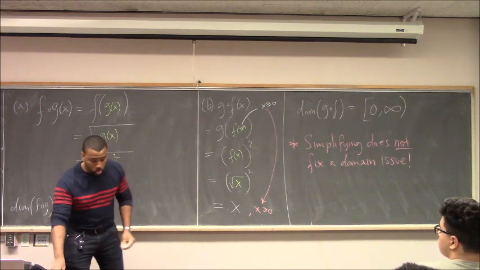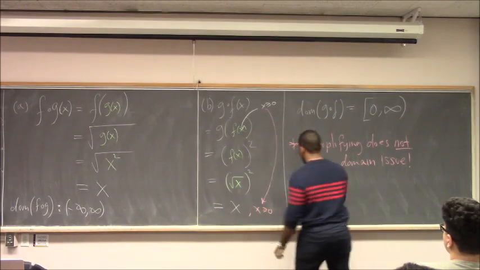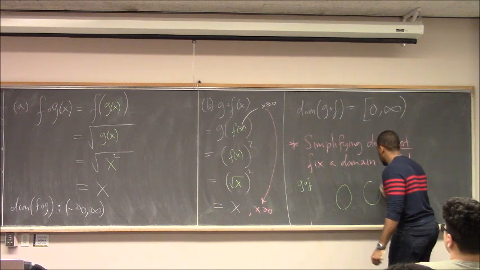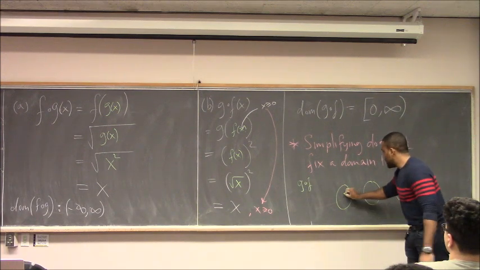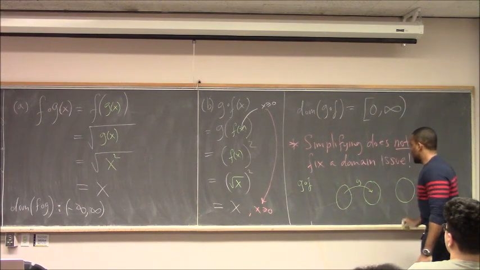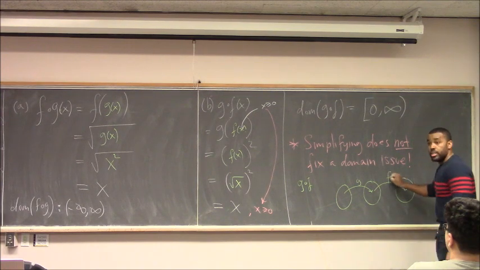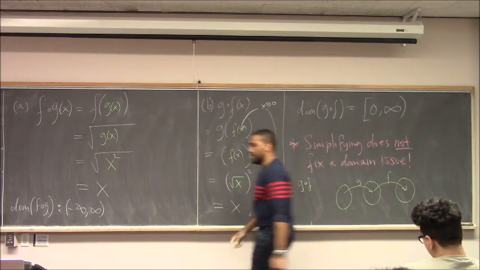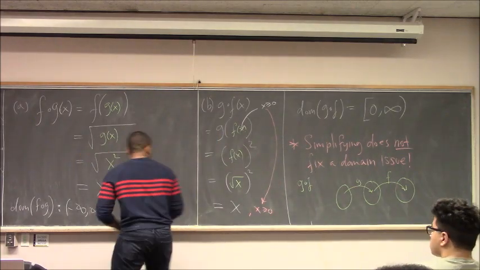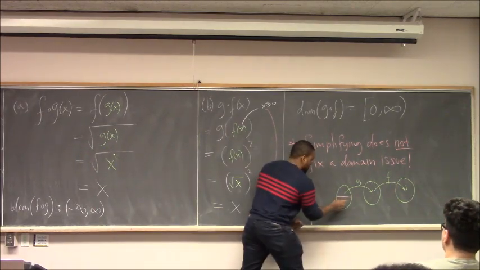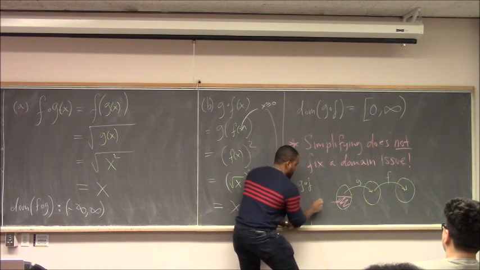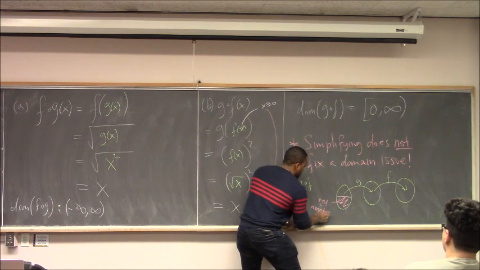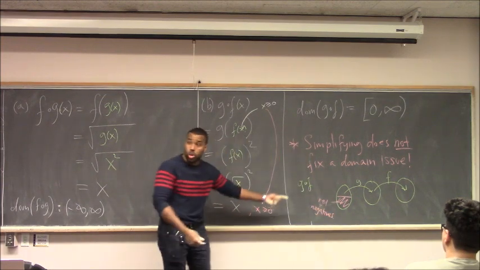Remember how we looked at what g of f meant, right? This was the function where g did something here, and then f finished the job. But over here, the negatives didn't work. I'm just going to say the negative numbers are in the red part. The negatives didn't work.